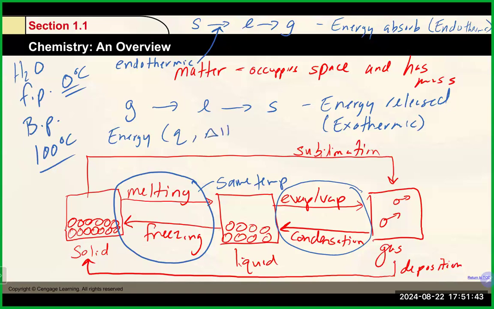Delta H is the change in enthalpy. That's a general value that we calculate a lot in chemistry, which is kind of like the heat of the reaction. What's going on overall in that reaction? Is it giving off energy or absorbing energy?